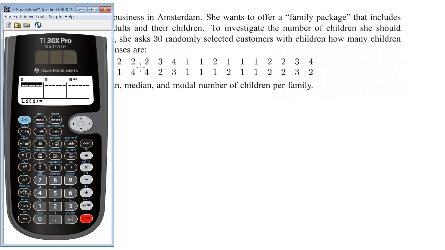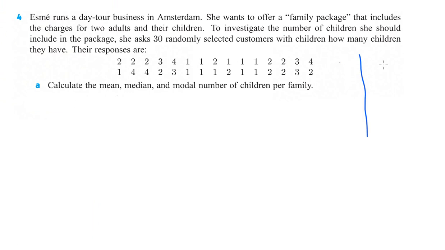So let's do this. You know what, let's make our table first. That'll be a little smarter. So the values and then the frequency, right? We don't have any zeros, but we do have 1s, 2s, 3s, and 4s, right?